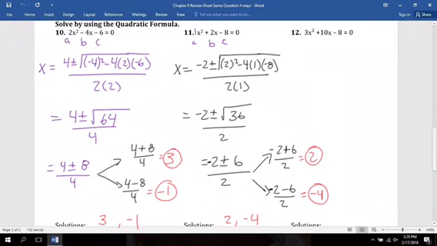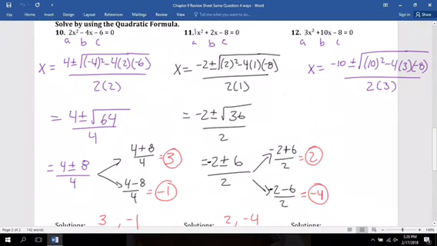Question 12, same idea. We want to use the quadratic formula. So we've got a, b, and c, and we plug in what we know. Well, x equals negative 10 plus or minus the square root of 10 squared minus 4 times 3 times negative 8, all over 2 times 3.